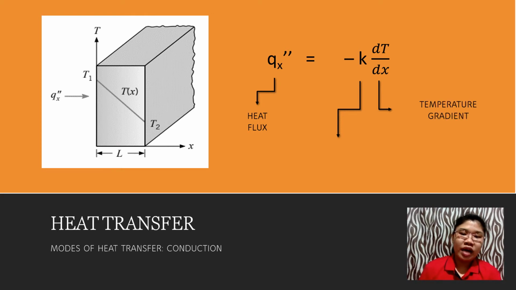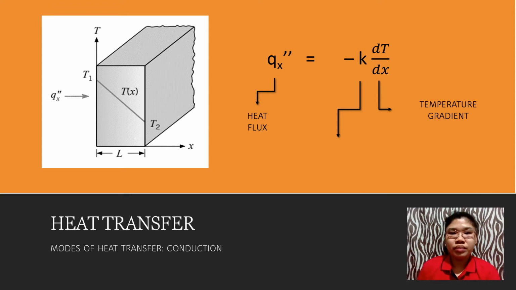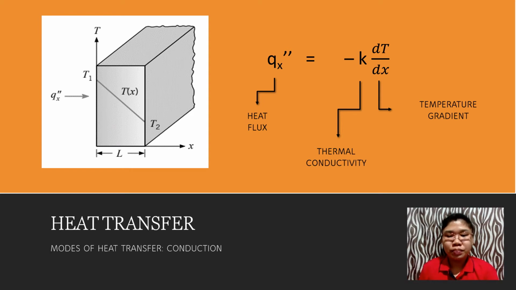And it is proportional to the temperature gradient dT over dx. So, we have the heat flux and then we have the temperature gradient. The parameter k is what we call a property, thermal conductivity. This thermal conductivity unit is watts per meter Kelvin.